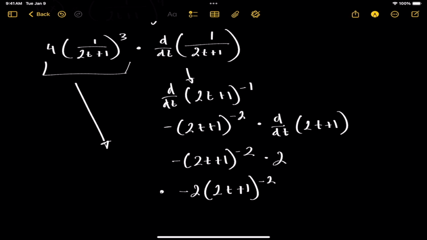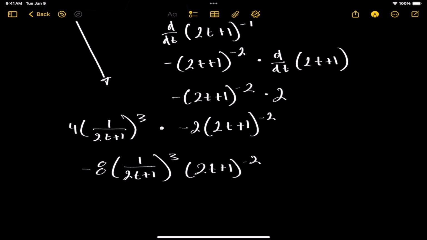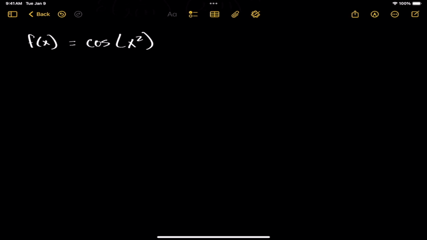So multiplied by 4, 2t plus 1, right below the 1, I should say, to the third power. And you keep it like this if you want, or you can go ahead and put that negative 8 on the outside. Rewrite this as 2t plus 1, right below that 1 to the third power, 2t plus 1 to the negative 2. Let's take a look at this function now.